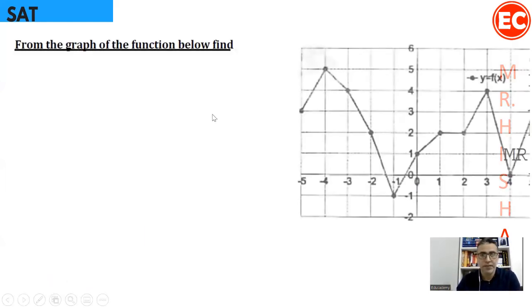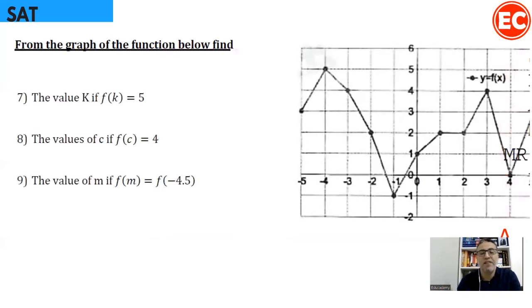Again, from the graph, find the values of k where f of k is equal to 5. So I go to the y-axis to the point 5 and check where the curve is. The curve is at f of negative 4, so k is equal to negative 4.